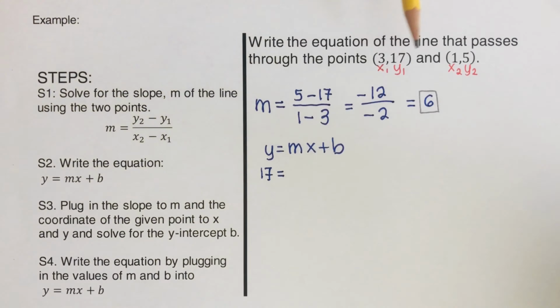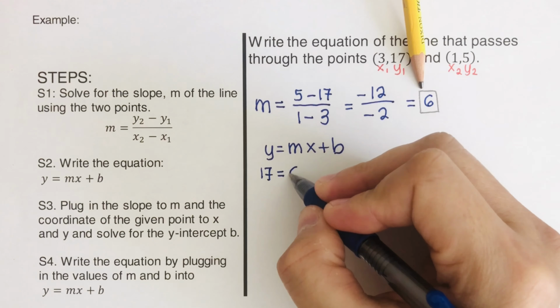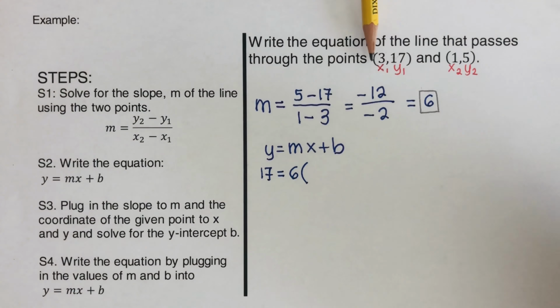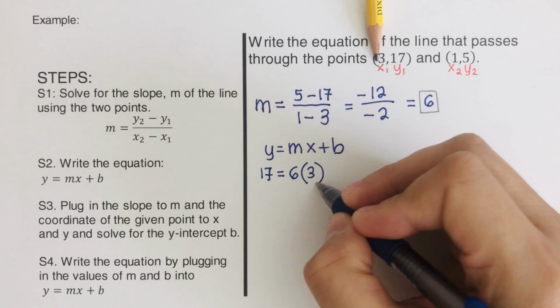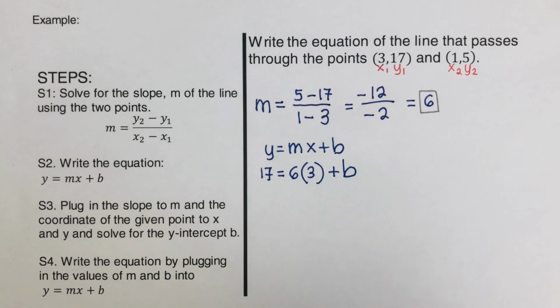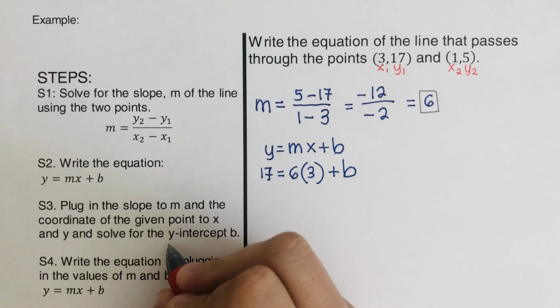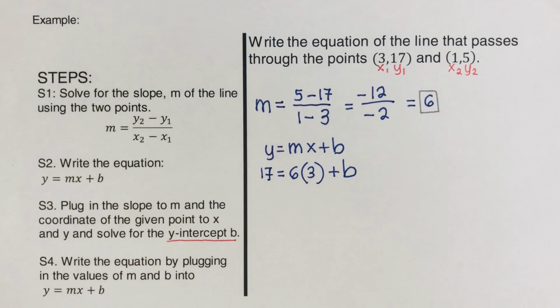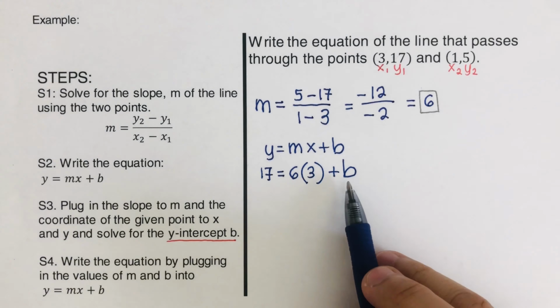Our m, the one that we solved here, is 6. And then our x is 3, so I'll put 3. And then in this step here, we are supposed to keep the b. We are supposed to solve for the b, or the y-intercept. That's why I had to keep the b here, because that's what we're looking for.